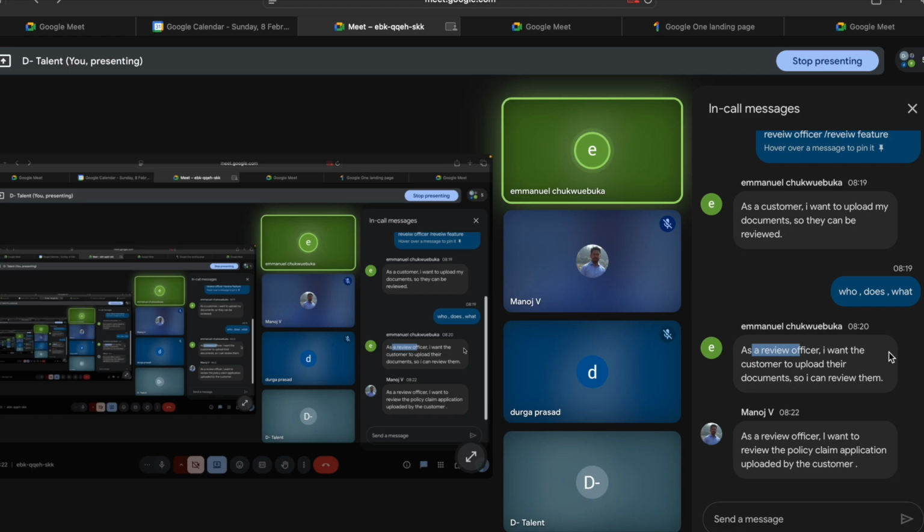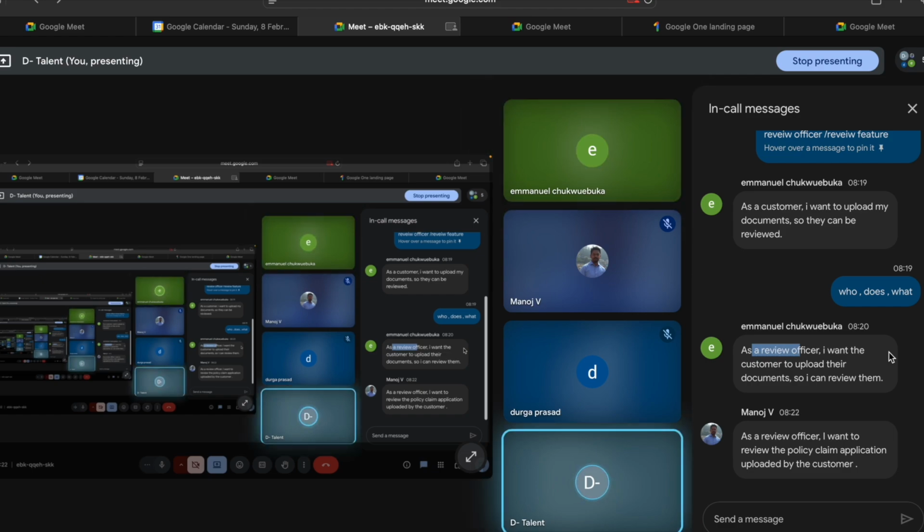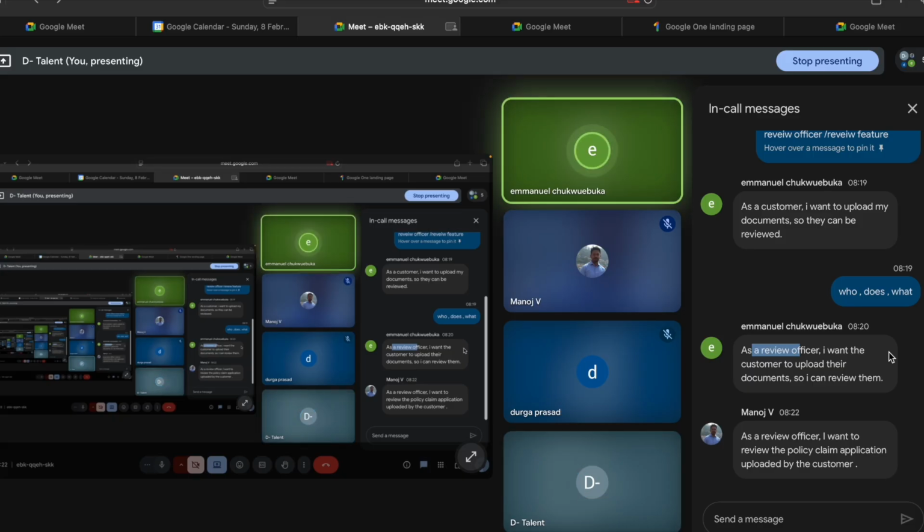One word, claim one. If you write one word here, we can write one word, right? One who, our claim officer. That's a user. Second one, and that's what review. That's a review is the I want, right?